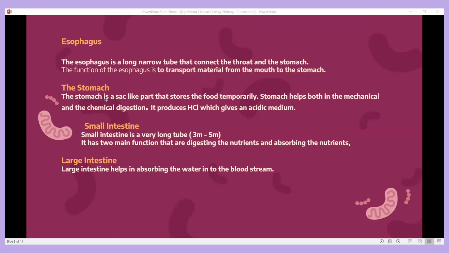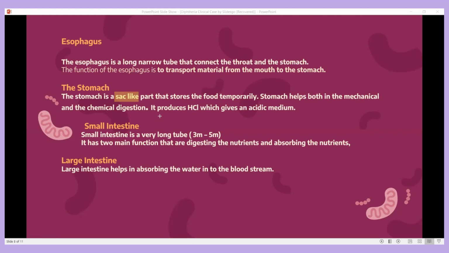The next part that we have in our digestive system, one of the main parts, is the stomach, and it's a sac-like part. It's a bag-like thing which stores the food temporarily, and also it helps in physical, that is mechanical, and chemical digestion, as we said earlier.